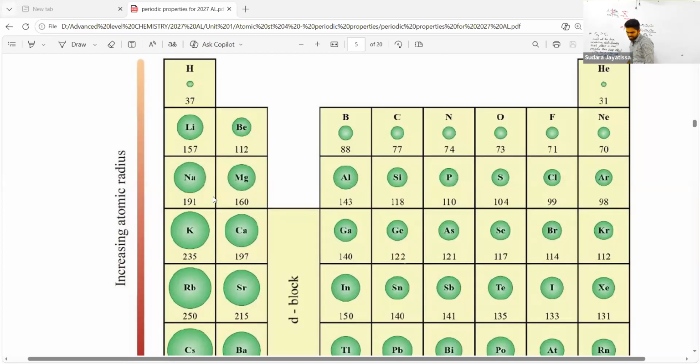That's also okay. Others are okay. But the one I didn't write, 140. Gallium, germanium, then indium and tin.